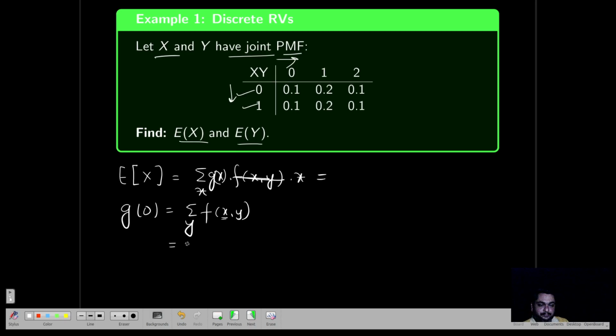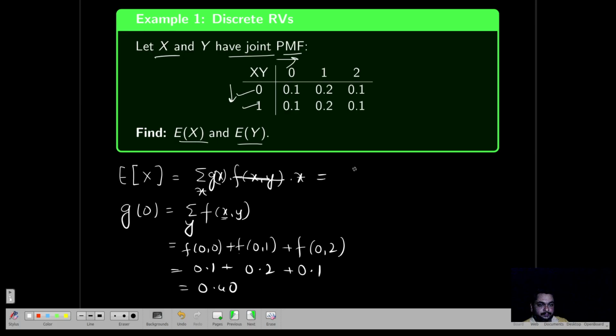This will be equal to f of 0 comma 0, f of 0 comma 1, plus, y is still varying, f of 0 comma 2. Three values are there. So f of 0 comma 0 is 0.1 plus 0.2 plus 0.1. This is 0.40. So we have this 0.40, and every time you have to multiply by this x value. This is the x value.